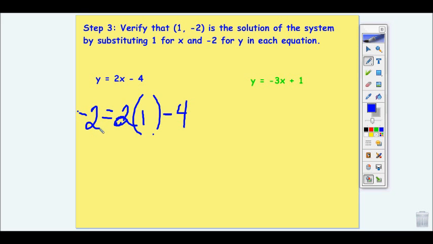Let's see if that's a true statement. 2 minus 4 is negative 2, and that makes it a true statement.